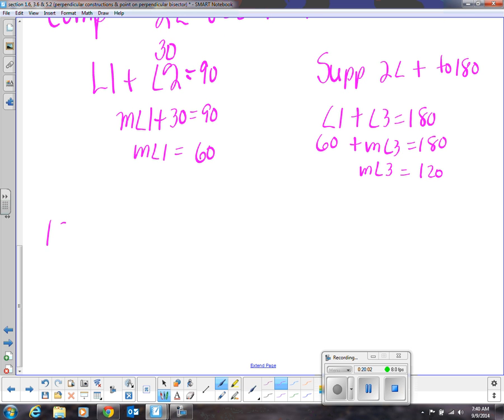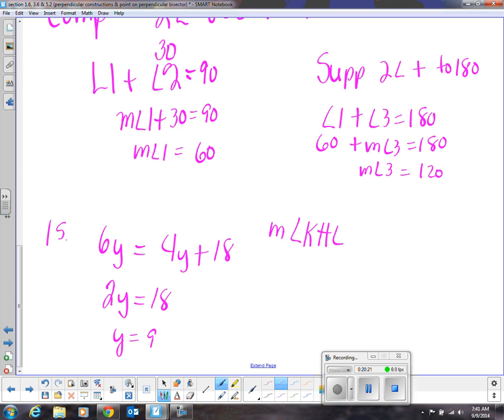So on number 15, you've got 6y is equal to 4y plus 18. So we subtract 4y, y is equal to 9. And I don't know what they asked for. Oh, they want the measure of the angles. So if y is 9, then the measure of angle KHL is going to be 6y, or 6 times 9, or 54. And then what does the other one have to be?